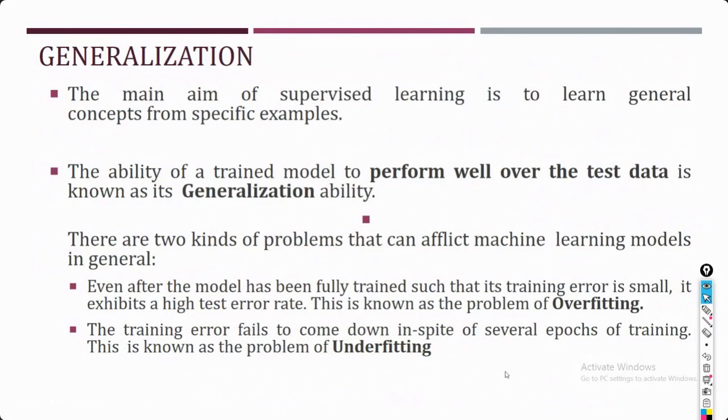Now when we are performing parameter tuning, or setting the parameters of the model, two kinds of problems we can have: overfitting and underfitting. Overfitting means the model behaves well on the training data but has a very large error on your test data.